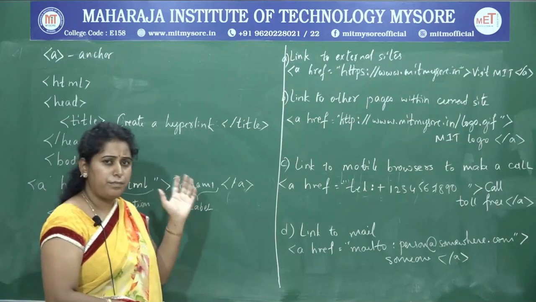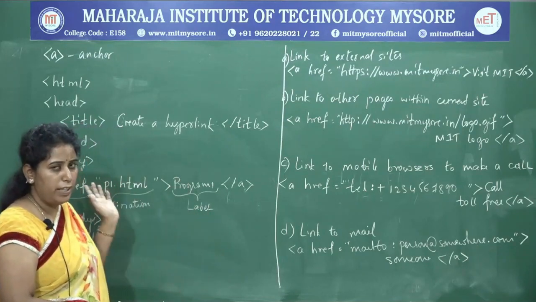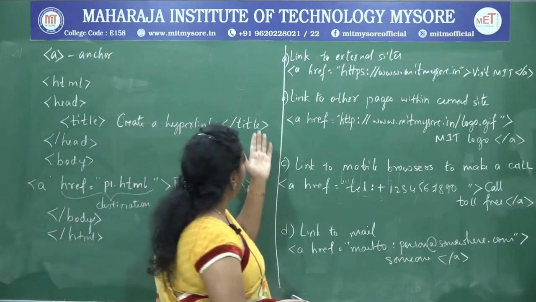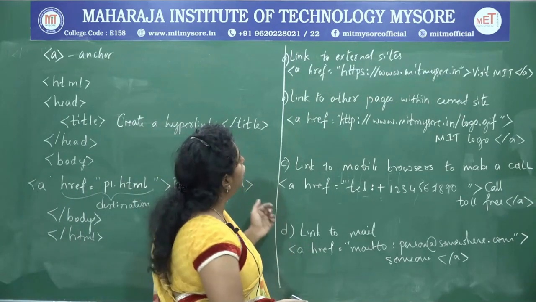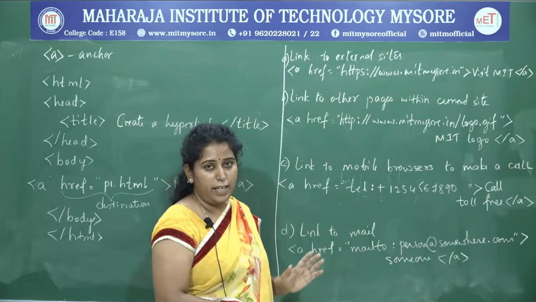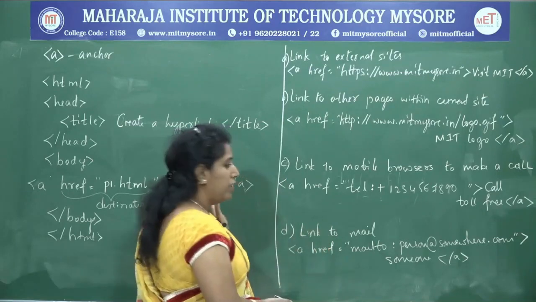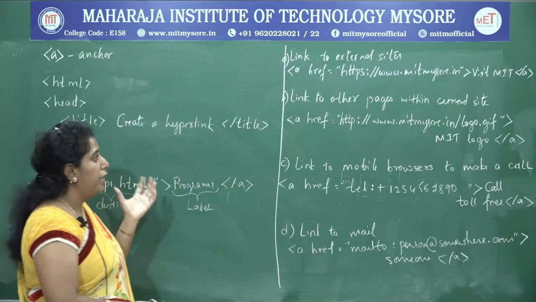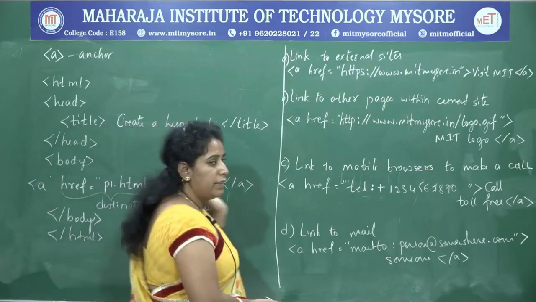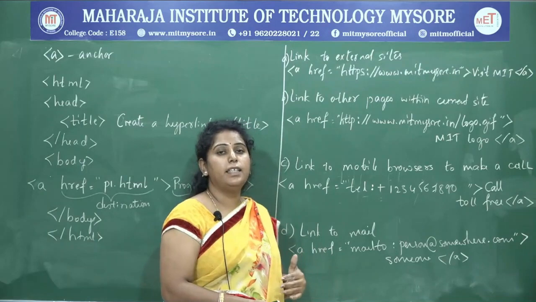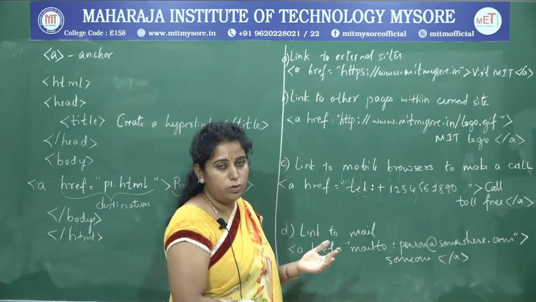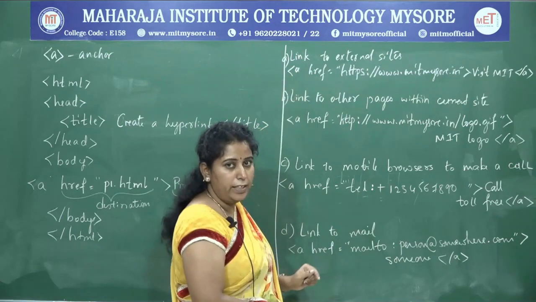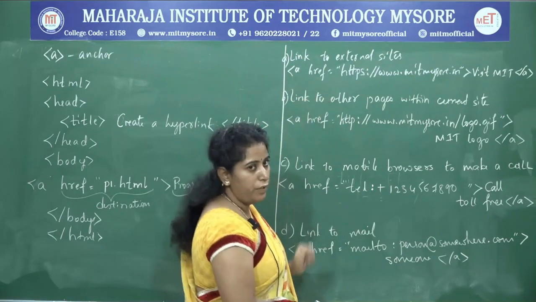There are certain applications of using a hyperlink, that is the A tag. For example, the first one is a link to external sites. It means that not only for local files, the anchor tag can be used for accessing external sites also. You can notice A stands for anchor tag, href is the hypertext reference.